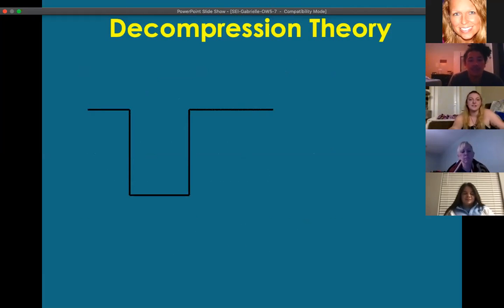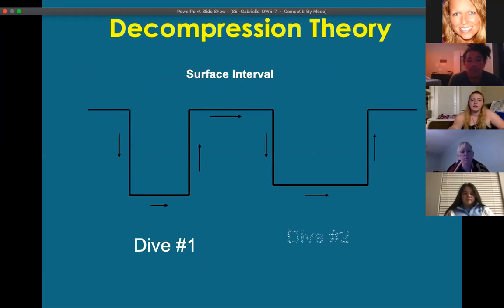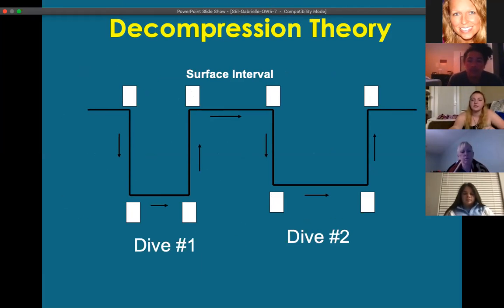Okay, so let's go over decompression theory. This is going to be if you're doing multiple dives. It's going to tell you dive 1, that's going to be your profile, and then a surface interval, and then you're going to have dive 2. So keep clicking through. This is actually showing you the nitrogen load in your body. After dive 1, you can see at the top left side how much nitrogen you have.